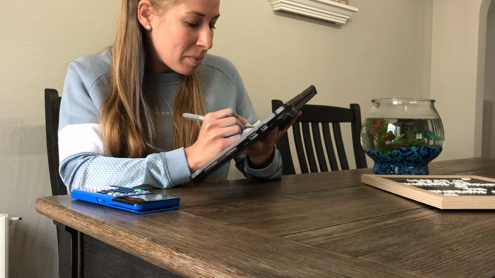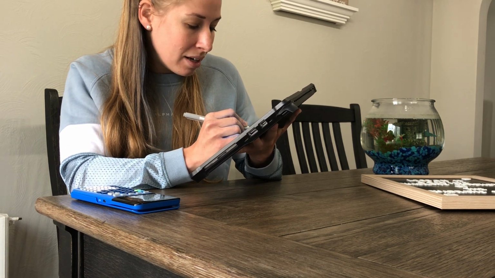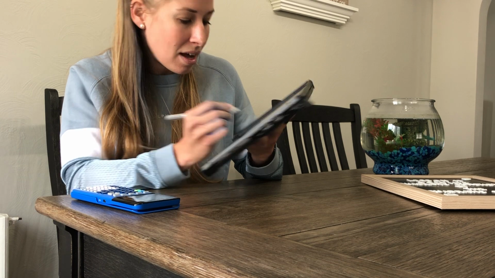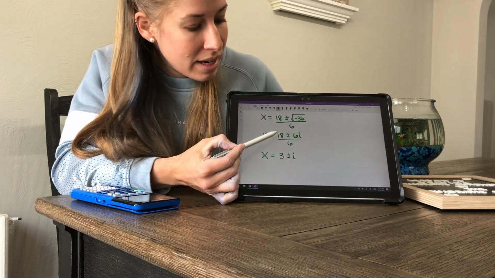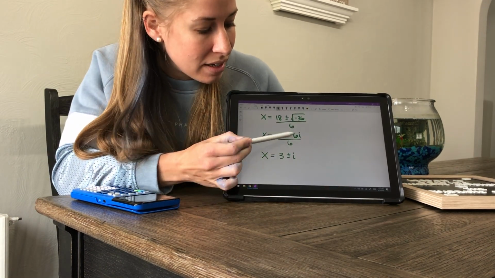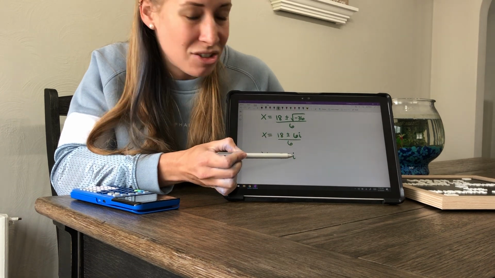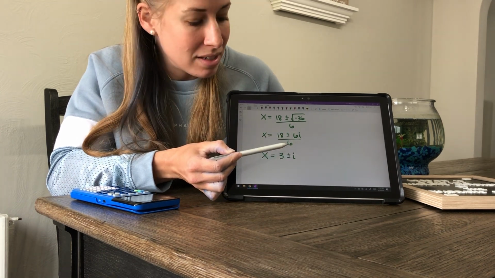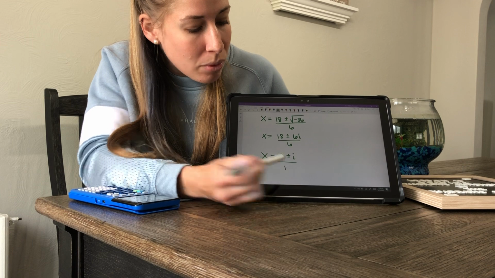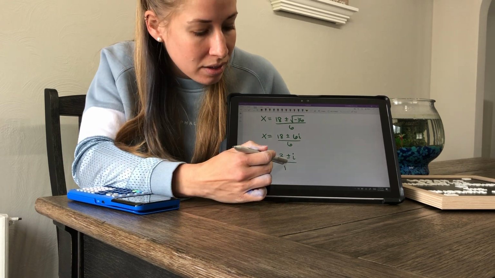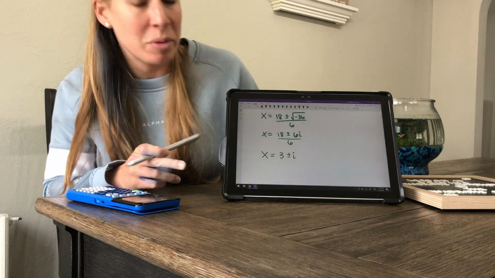Dividing all of those numbers by 6, you get 3 plus or minus i. 18 divided by 6 is 3. 6i divided by 6 is just i. And then 6 divided by 6 is 1. So that's like over 1, but you don't need to show that. So this just simplifies to 3 plus or minus i.